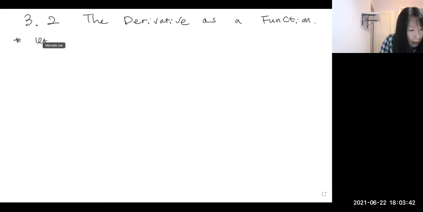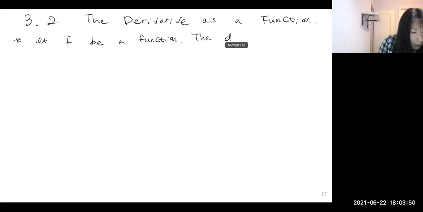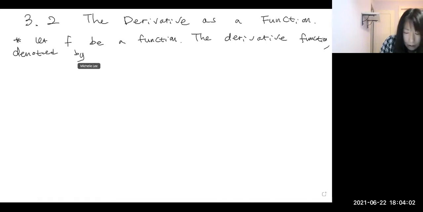So let f be a function. The derivative function, denote by f prime. We read f prime, right?